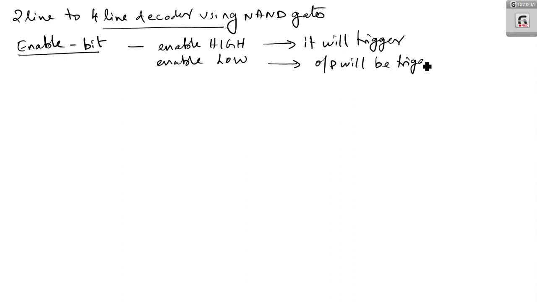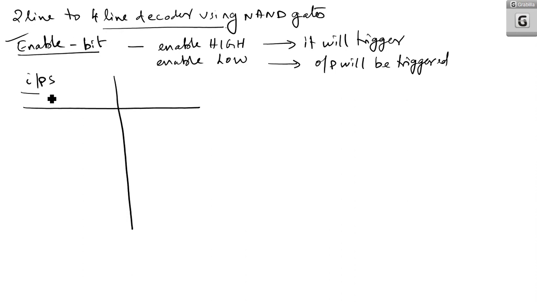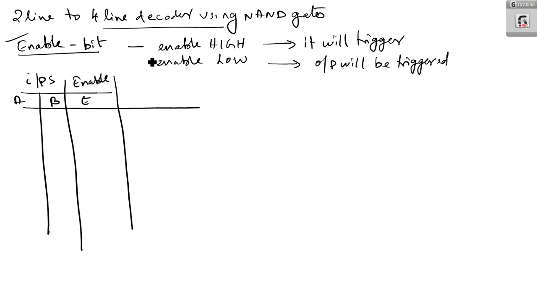Now if I draw the truth table of the 2-line to 4-line decoder using this enable bit, the inputs are only A and B, but along with that I have an enable bit, which I write as E. The outputs are D0, D1, D2 and D3.